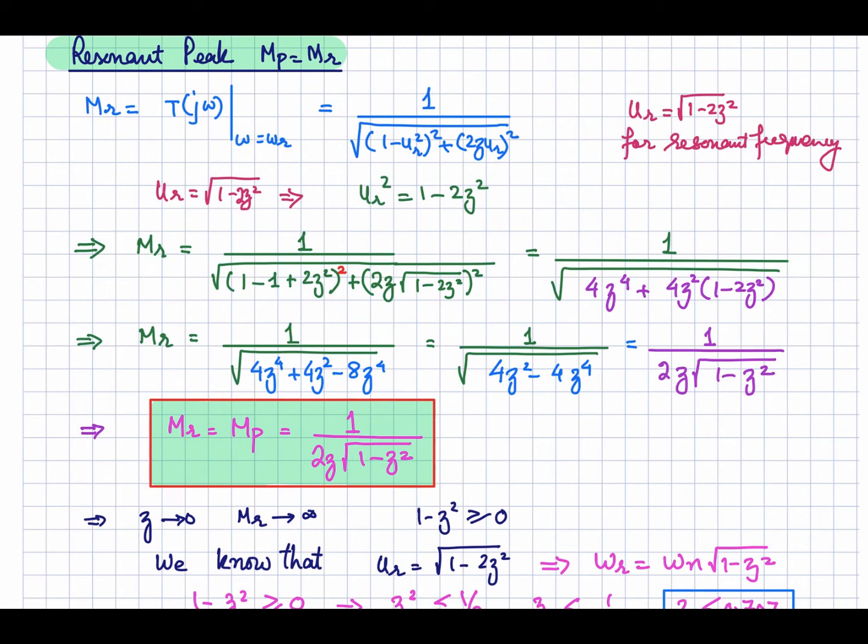This can be written like this, because these two will be cancelled out: 4 zeta power 4 plus 4 zeta square into 1 minus 2 zeta square. If we simplify this one, and further combine these two terms, finally we can write this expression. So the peak value at the resonant frequency will be given by this expression.